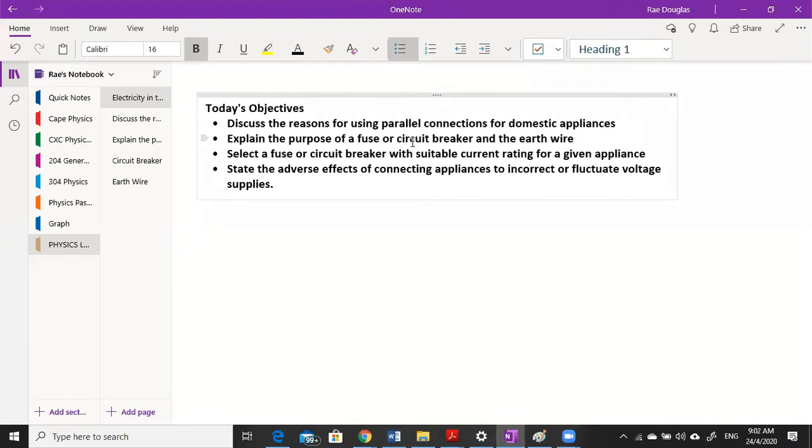Then the third one would be to select a fuse or a circuit breaker with suitable current rating for a given appliance. And the other one would state the adverse effect of connecting appliances to incorrect or fluctuating voltage supplies.